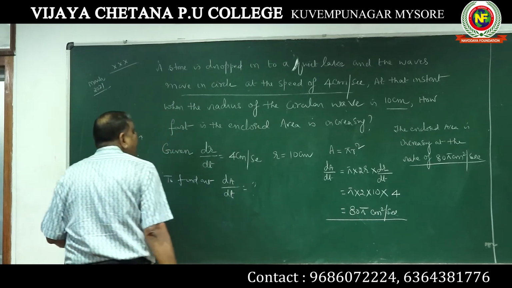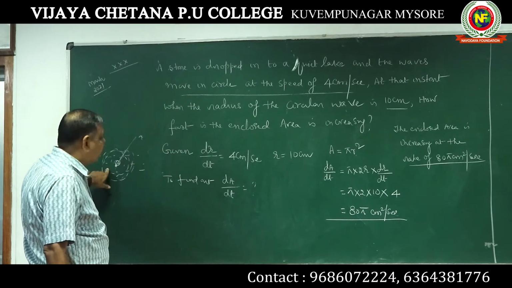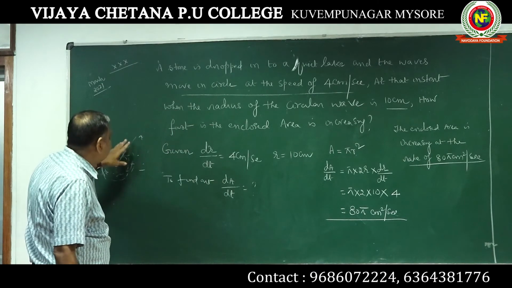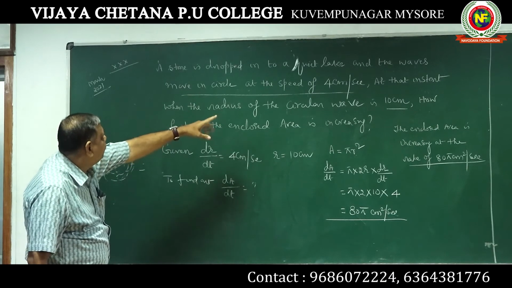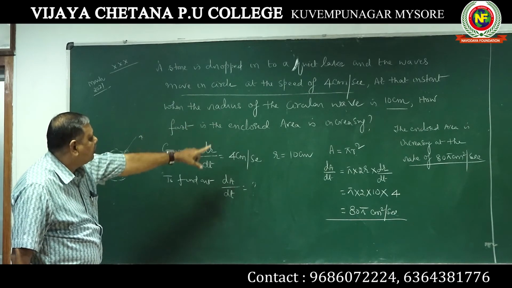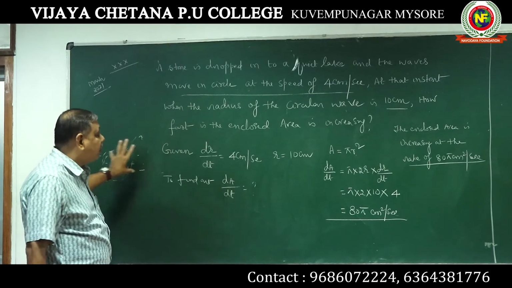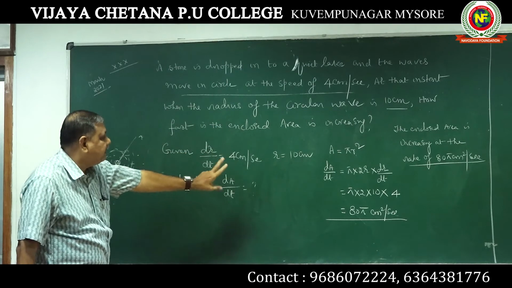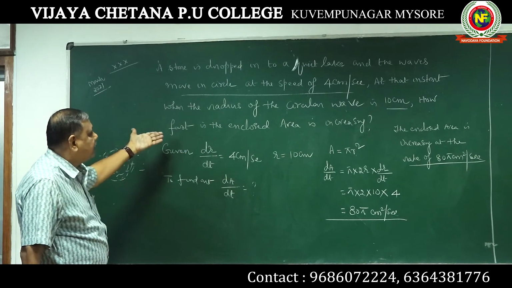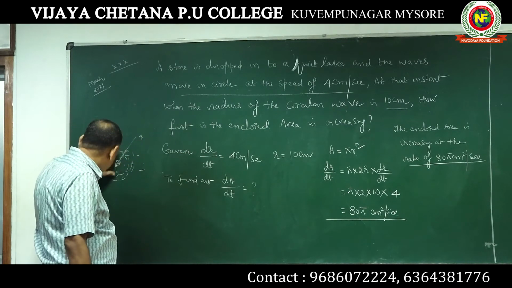I'll just explain again. When a stone is dropped into a quiet lake, circular waves move in a circle at the speed of 4 centimeters per second, dr by dt is given, and at that instant the radius r is 10 centimeters. Find the rate of increase of the enclosed area, that is, the full area.